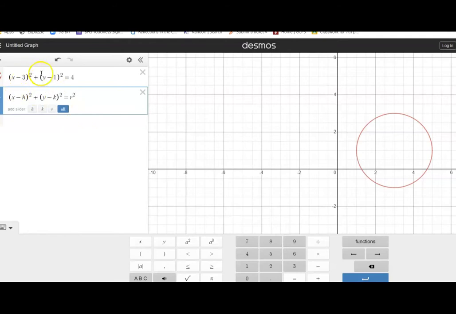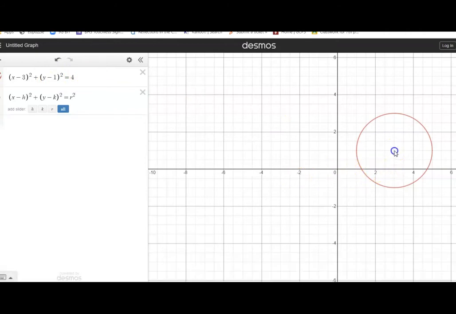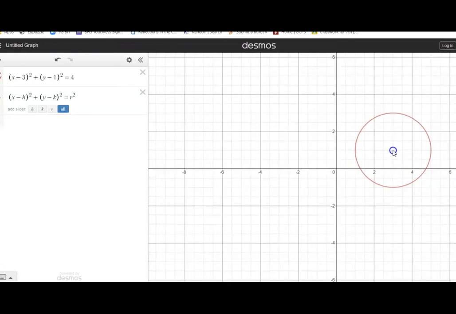So that's the same idea. So what is my h here? H is 3. So let's look over here, 1, 2, 3. And k is 1. So if I go 1, 2, 3 to the right and up 1, I am at the center of this circle. So that h, k is the center of my circle.